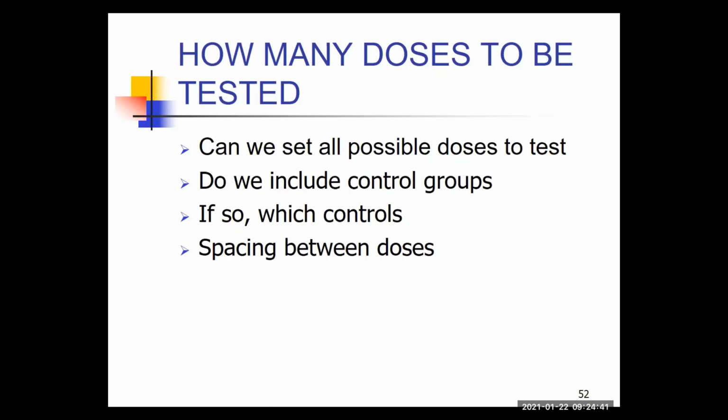Or I can do 150, 25, 12.5. Now I got a dose range of 8. Or how about 100, 10, 1, and 0.1? Now I got 1,000-fold. So the key is how low can you go? The whole thing is how you allocate the spacing between those doses, because we're dealing with just a few discrete doses.